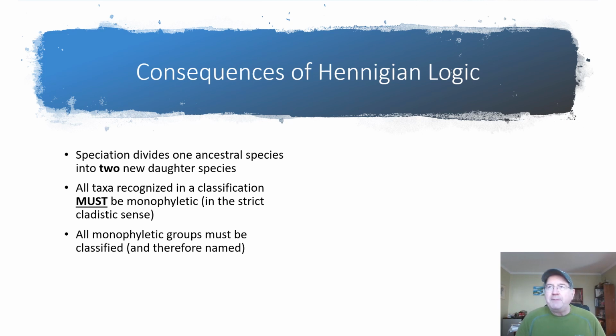This got a lot of pushback because if you think back to our modes of speciation, it's pretty well established that species can arise by small peripheral populations being separated from a larger, more widespread population of species. So we can think of this ancestral species as the original widespread population, and then this small little bubble comes off the side, and for one reason or another, we end up recognizing this as a distinct species.